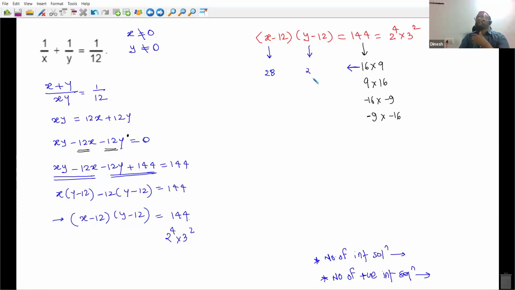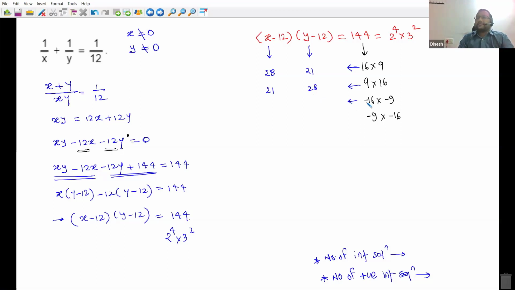Is this clear, everyone? 28 comma 21. This is first solution. You do not need to find solutions. You need to find the number of solutions. I'm just showing you how we get the solutions. First bracket is 9 when x is equal to 21. Second bracket is 16 when y is equal to 28, everyone. 21 comma 28, 28 comma 21. These are different solutions.